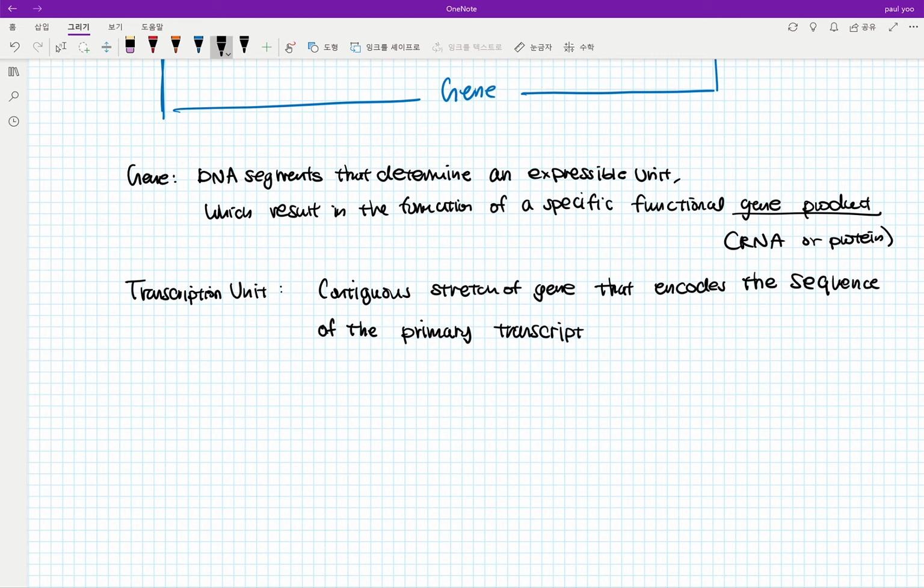So this includes coding regions, introns, 5' and 3' UTR.